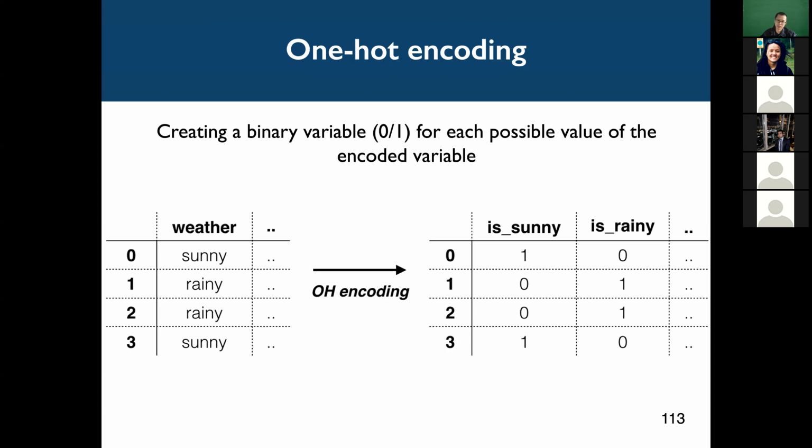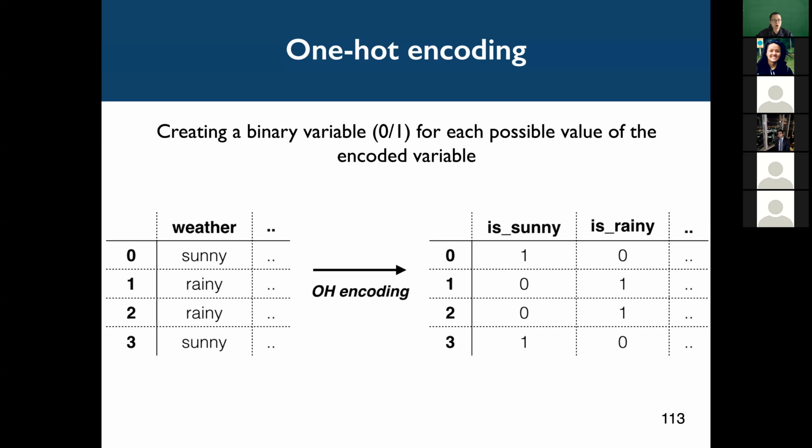Another way is one-hot encoding. Right? In one-hot encoding, we create one binary variable for each possible value of the encoded variable. For example, weather. Weather is categorical data, nominal data. So weather can be sunny, rainy, right? And other types of weather.